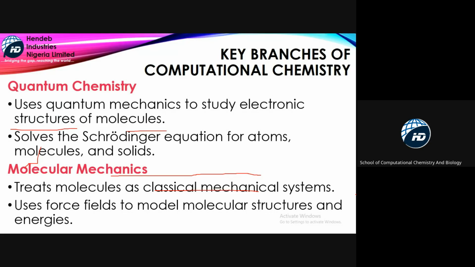So these are the three branches, and they are usually based on force fields. There are different force fields, and they are used to model structures. Modeling of structure is part of what we are doing in this training. Just like Pyres: Pyres does energy minimization, but it uses UFF.